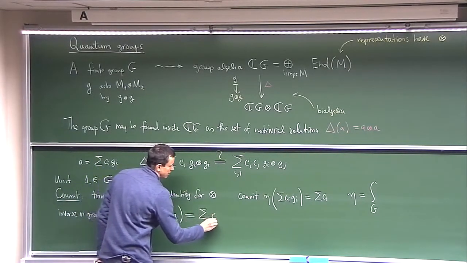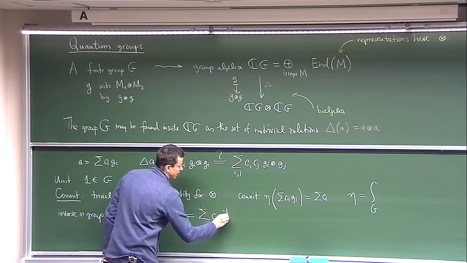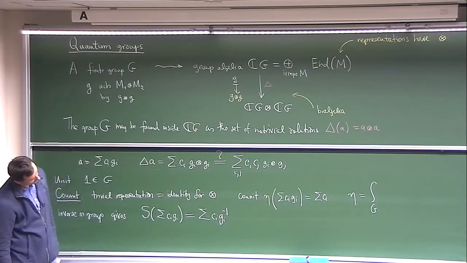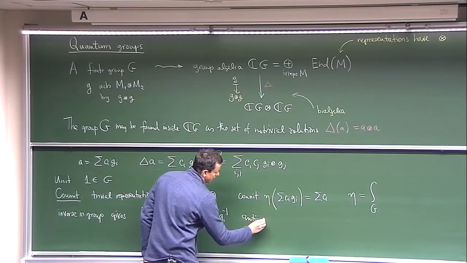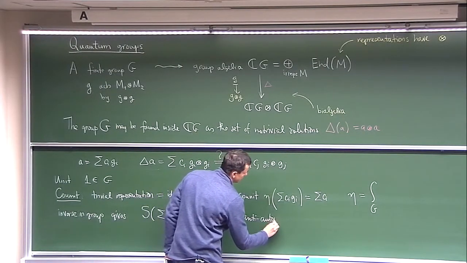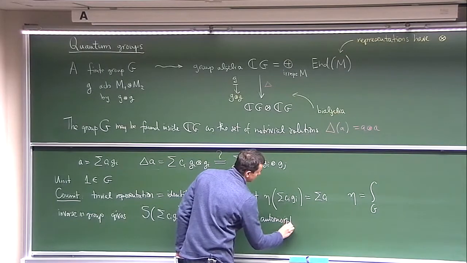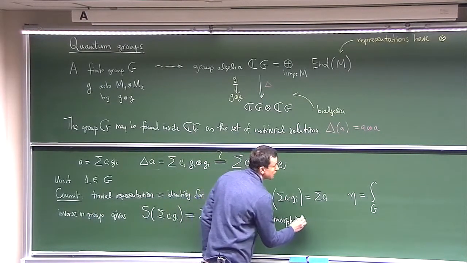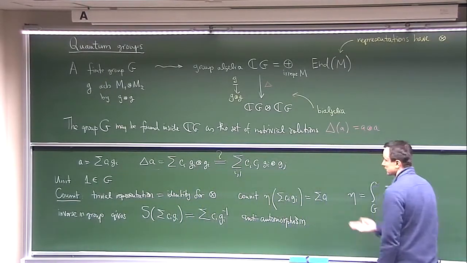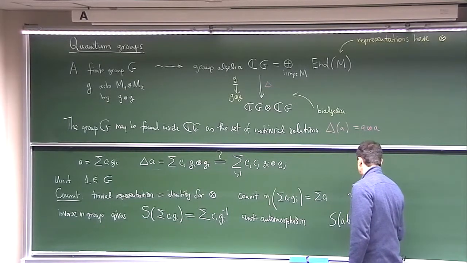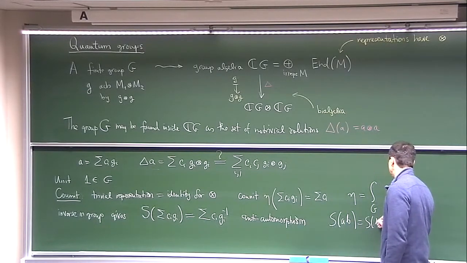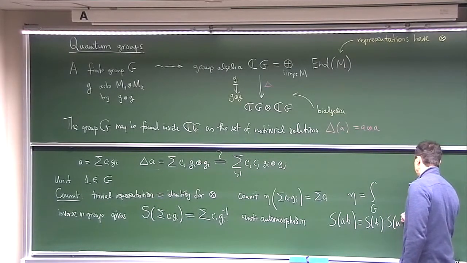It's a linear map, and it has the property that it is an anti-automorphism. This is clear, so it means S of AB equals S of B, S of A.